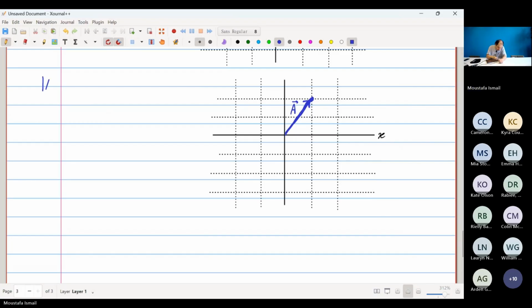I want to know its magnitude, its length, and its direction. Magnitude is just the length of the arrow.